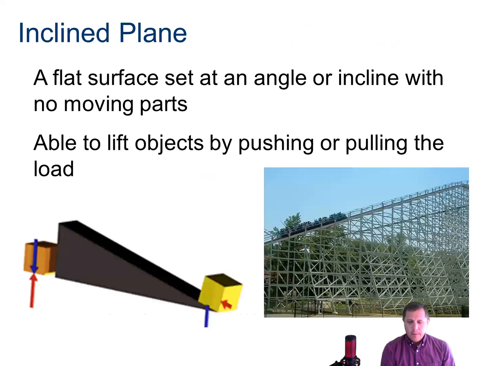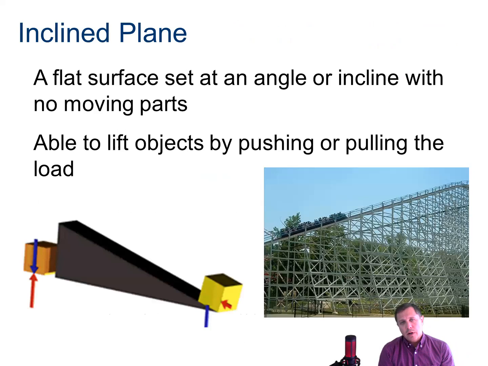So here's our inclined plane. And again, remember, with any simple machine, if you increase the distance, you decrease the force. No matter what, to get up to the top of a ramp, you're going to do the same amount of work. It's either going to be a longer distance and a smaller force, or a shorter distance and a greater force.